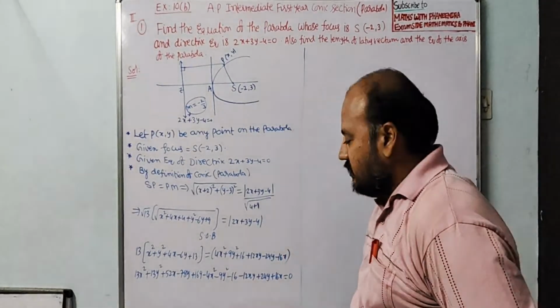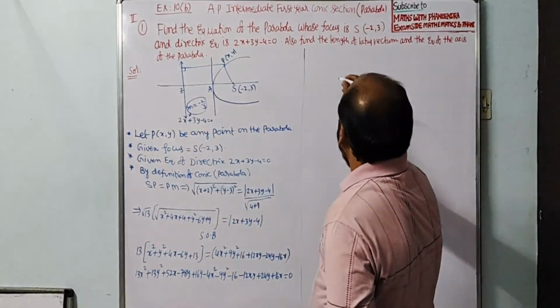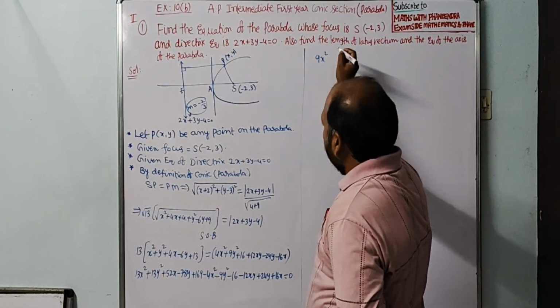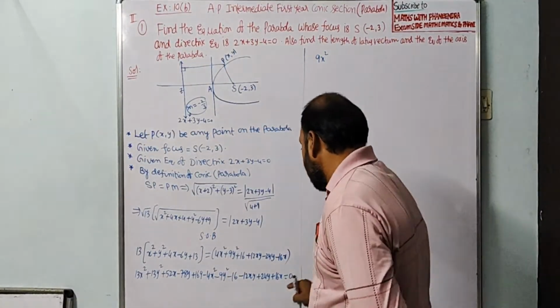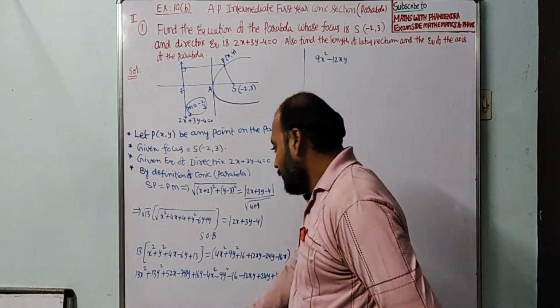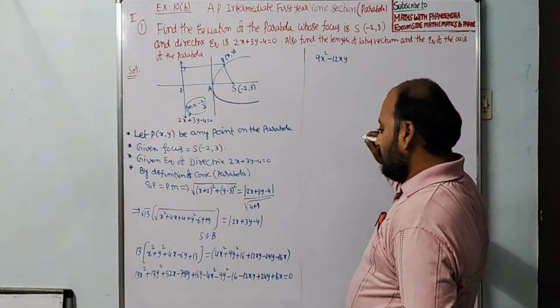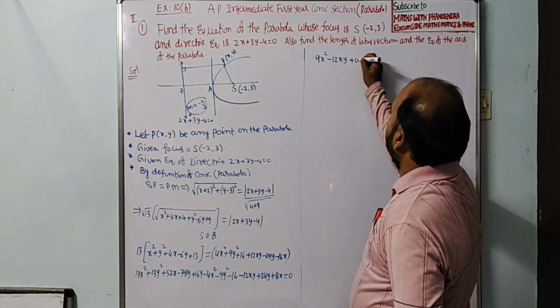Write in order. 13x square minus 4x square, so 9x square. Next the xy term, minus 12xy. 13y square minus 9y square, so plus 4y square.